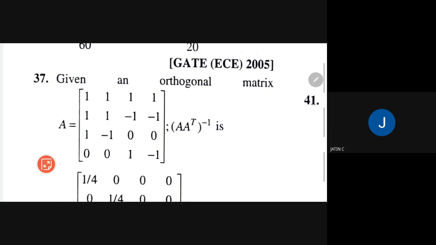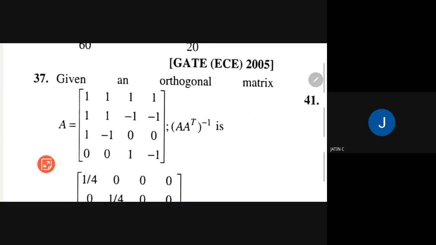Given an orthogonal matrix, A into A transpose is identity. This is orthogonal, he claims. Is it orthogonal? This is not orthogonal. He has given some mistake. Okay, there is some problem here, I think.